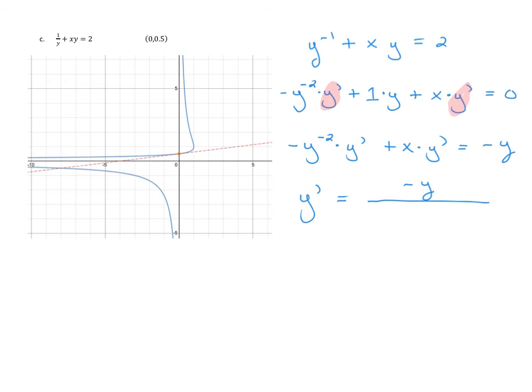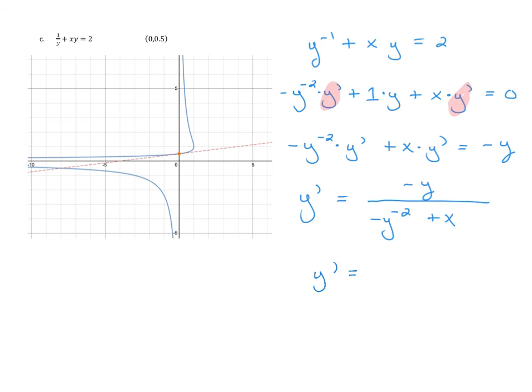What is left over is negative y to the negative 2 and this x. It might not be the best way to write this equation, but can we actually figure out the slope at this point? Maybe I will rewrite this a little bit.